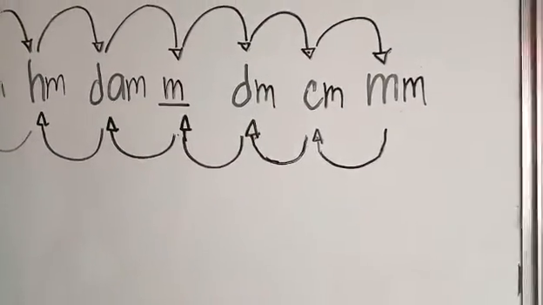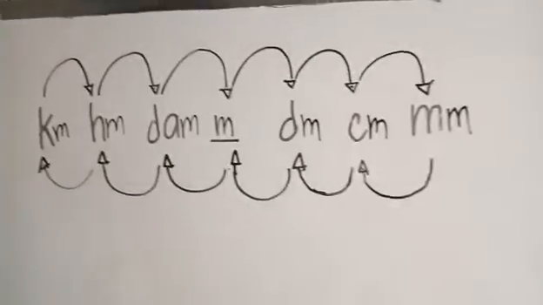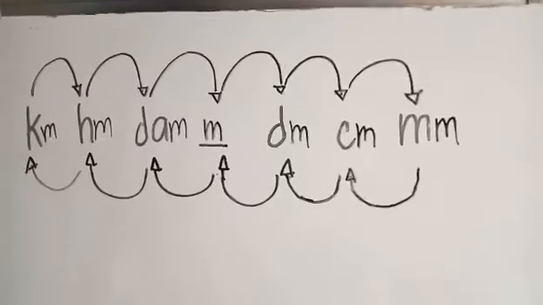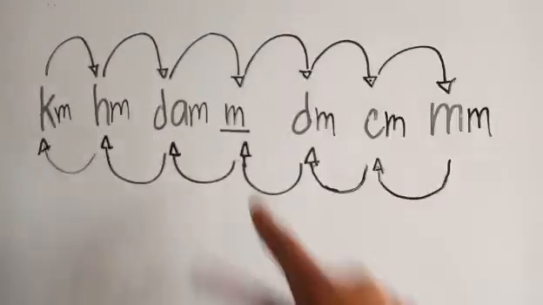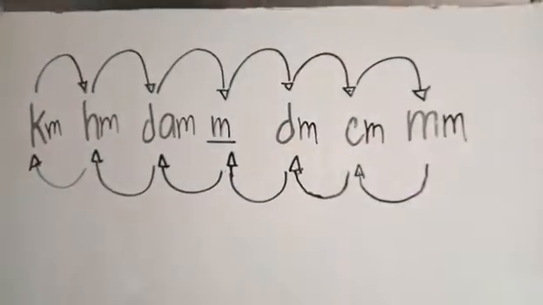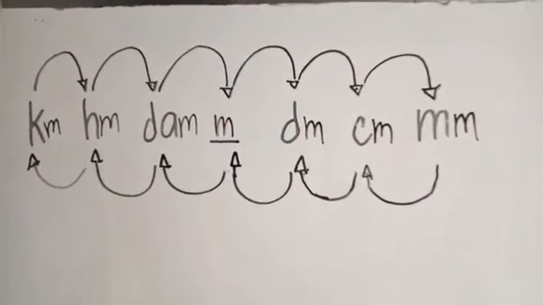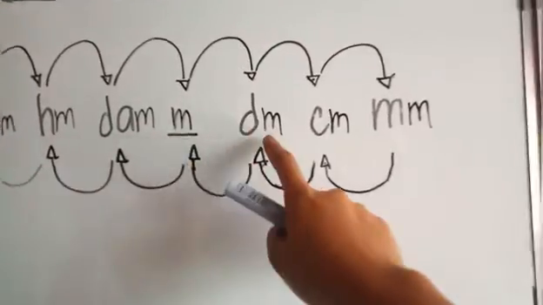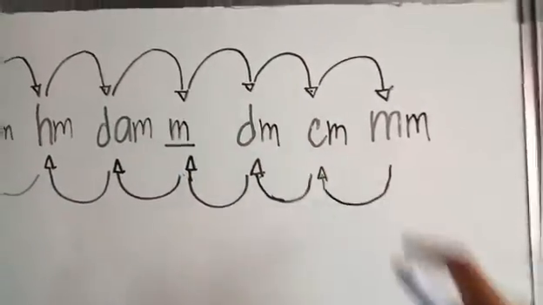How about when we use it for volume? When it is volume, we use liter. So, we will just change it to L, then L also for all the units there. So, we have now kiloliter, hectoliter, decaliter, liter, deciliter, centiliter, and milliliter.